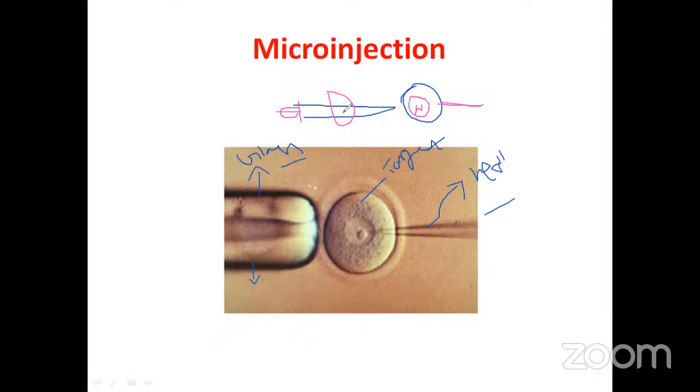When you press this button, the desired gene enters either the cytoplasm, or if you want to inject the nucleus directly, the needle goes into the nucleus and releases the gene there. Later, this desired gene and the cell's genes are incorporated. Even if you release it in the cytoplasm, afterwards both genes are fused. So this is the micro injection method.